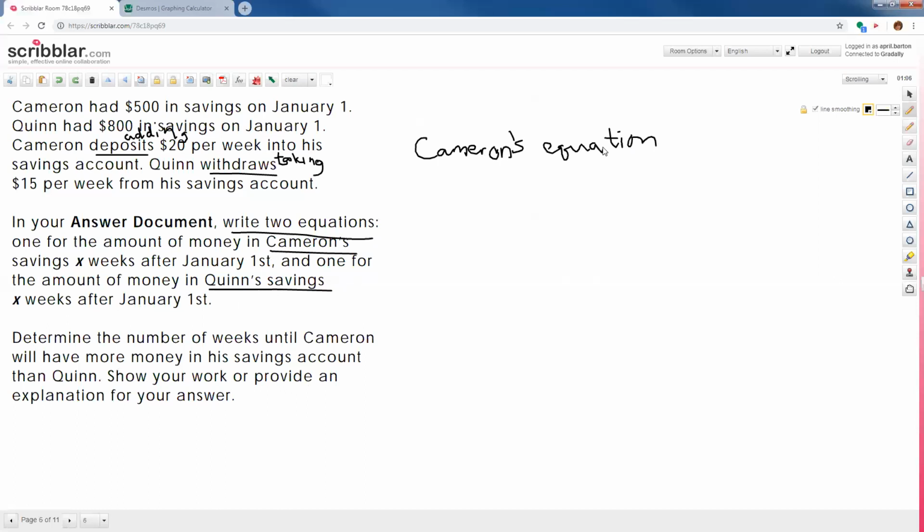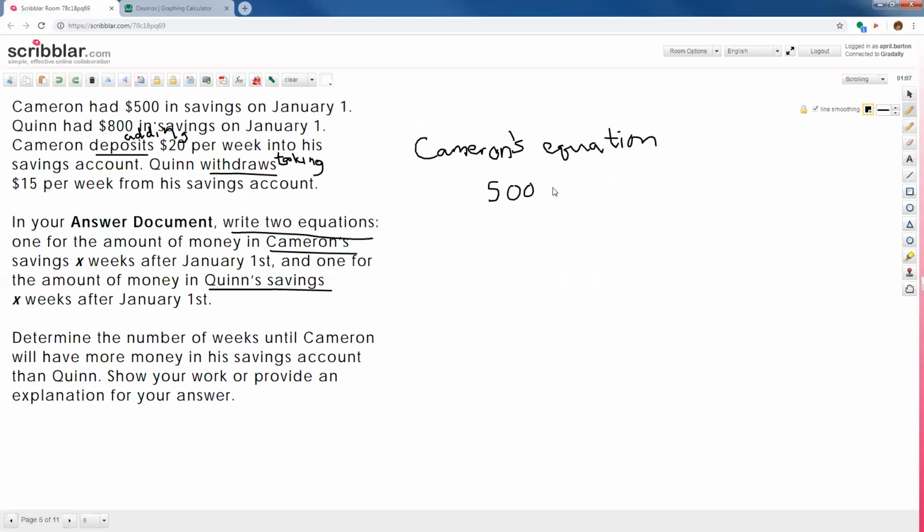So for Cameron's equation, how much money did Cameron start with? 500. And then was he the one depositing or withdrawing? He deposited. He deposited $20 specifically. And how often did he deposit that $20?